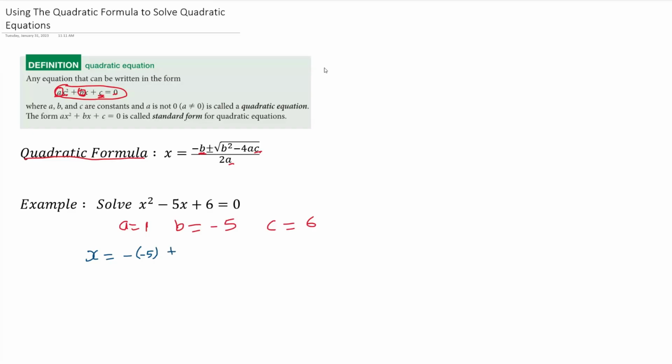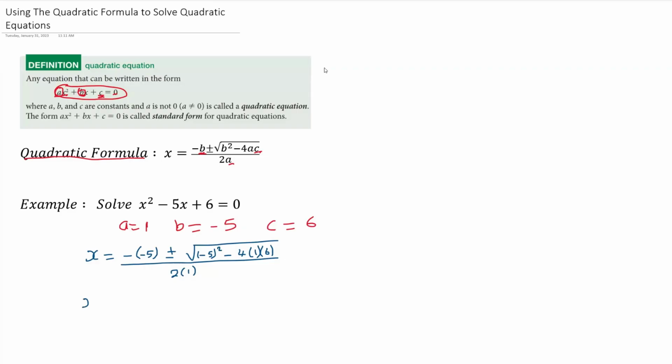And then plus or minus the square root of b squared, so that's -5 squared, minus 4 times the value of a times the value of c, all over 2 times the value of a, which is 1, right? So all we have to do now is simplify this, and we are done.